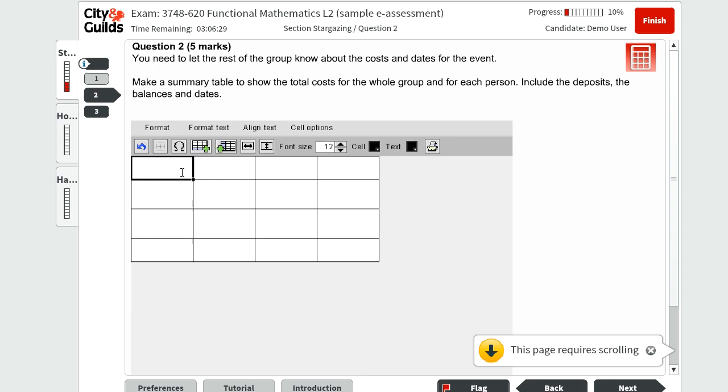Right, so the table, we can start with our event is Leo.